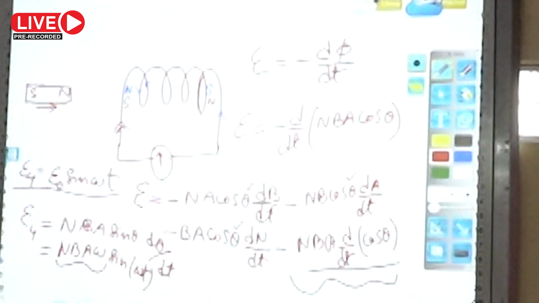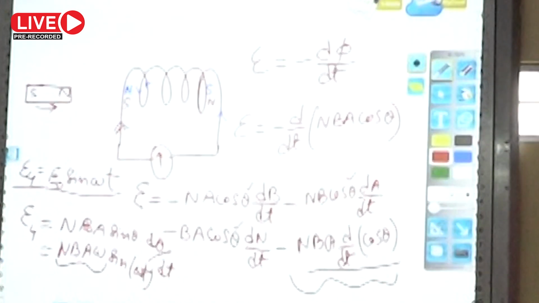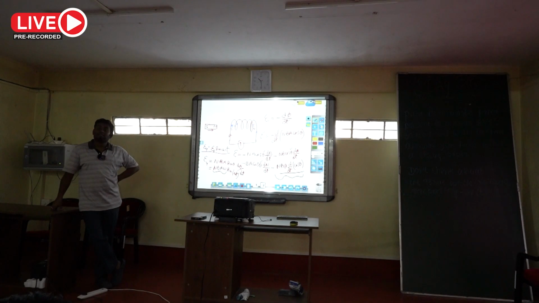So in all the first three cases, when B changes, when A changes, when N changes, it will induce a direct current. But when there is rotation, that is, the angle between the B vector and A vector is changing, it will induce an alternating current in the circuit.